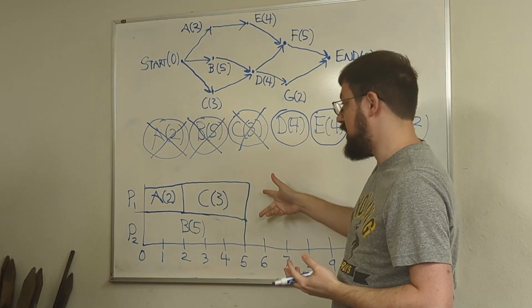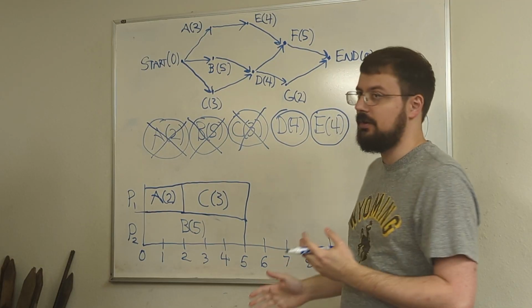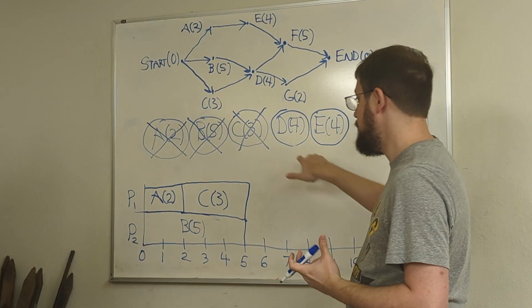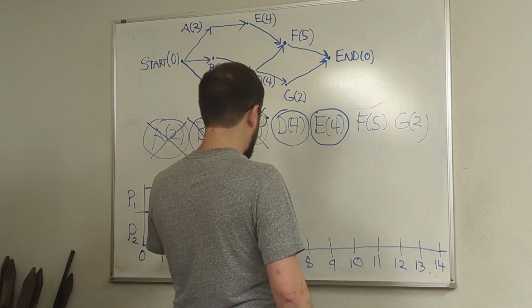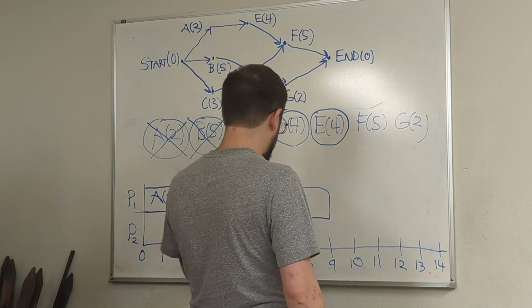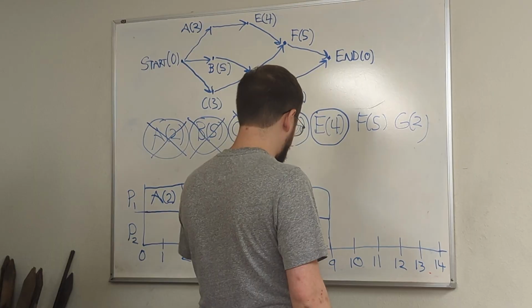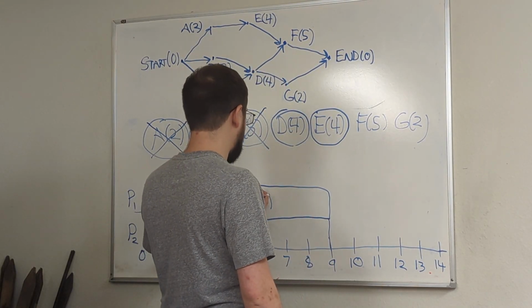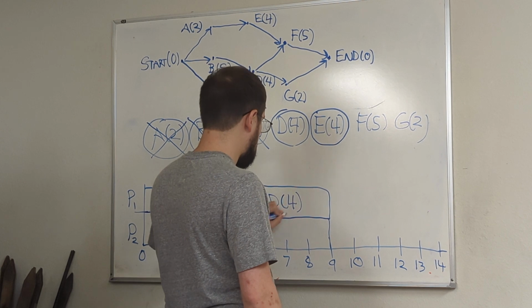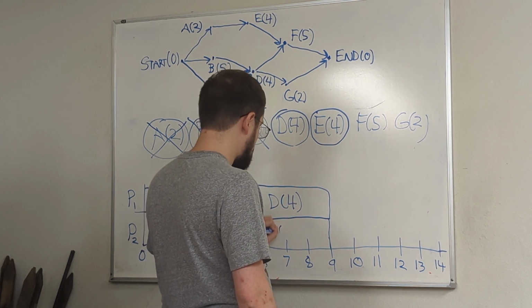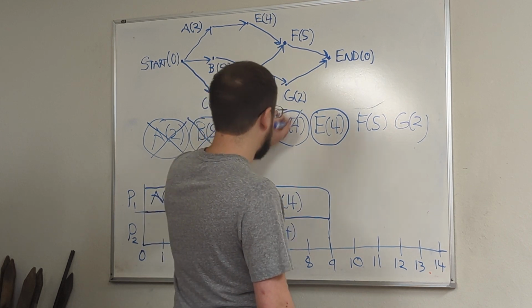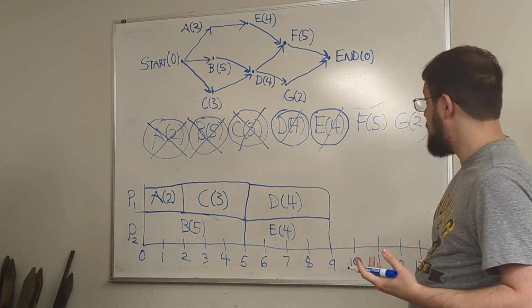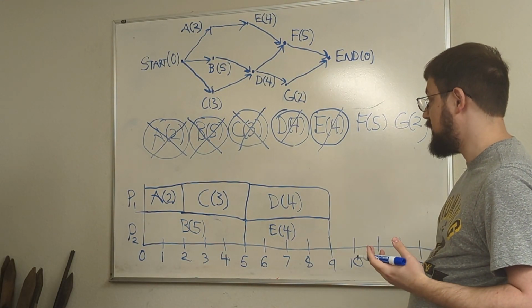We're basically going to assign P1 and P2 tasks based on the next available things in our priority list, which in this case are D and E. As it works out, D and E are both 4 hours. We've started on both of those, and the next thing that happens is once again both of those finish at the same time.